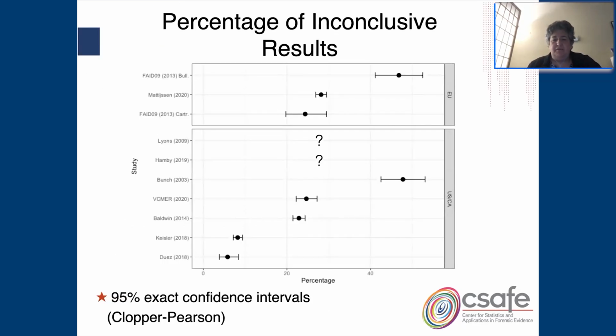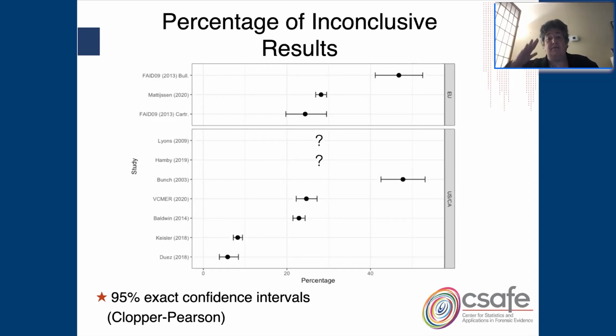So here's an overview of that. The percentage of inconclusives is shown as a dot. The limits here show 95% confidence intervals. And you can see that in the middle, there's about a 25 to 30% rate of inconclusives across all of the studies. Some studies have a slightly better rate of inconclusive results.